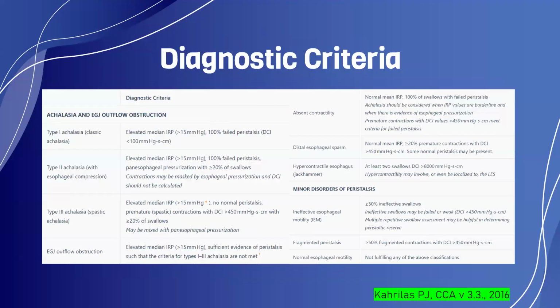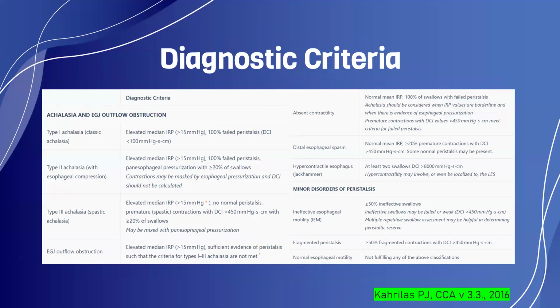The diagnostic criteria for type 1 achalasia cardia is elevated median IRP with 100% failed peristalsis. And type 2 is with esophageal compression, wherein again the elevated median IRP will be more than 15 mmHg with 100% failed peristalsis.